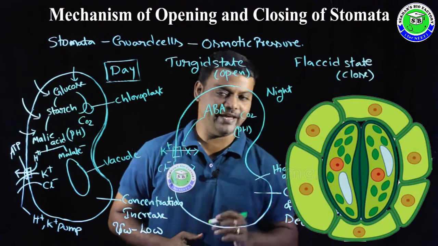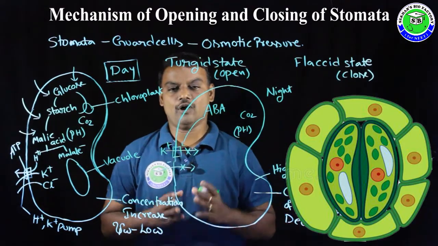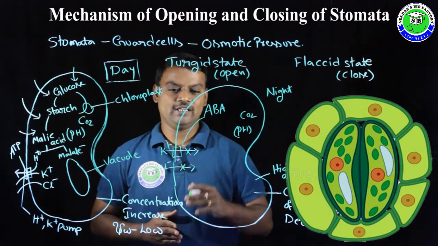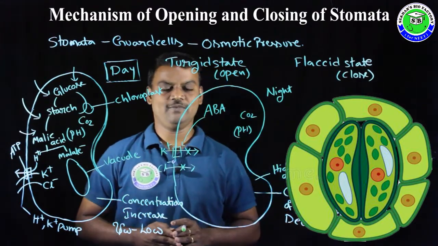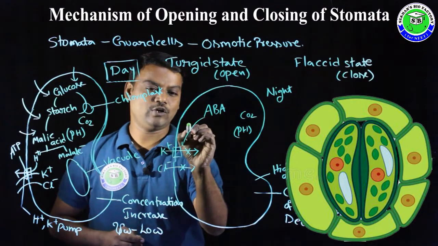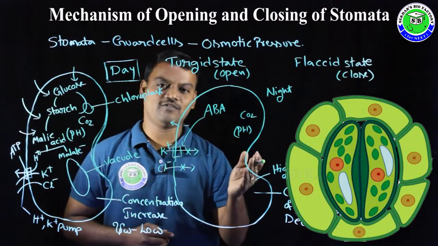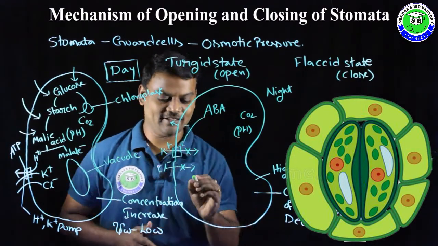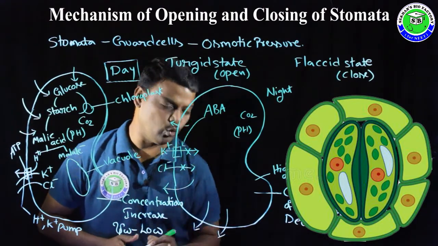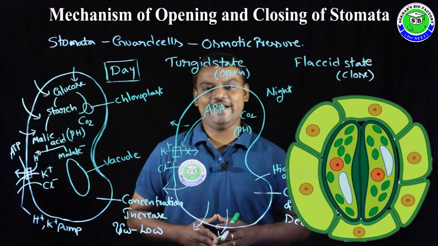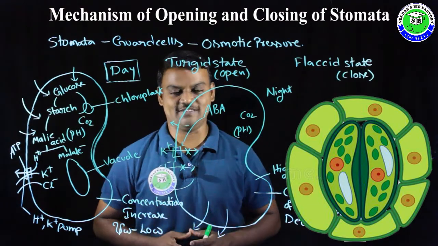So water potential increases. Due to the higher water potential, water is transported from high water potential to low water potential, that means from inside to outside, that is, from guard cells to the surrounding subsidiary cells. This transportation of water from inside to outside of the guard cell is called exosmosis.